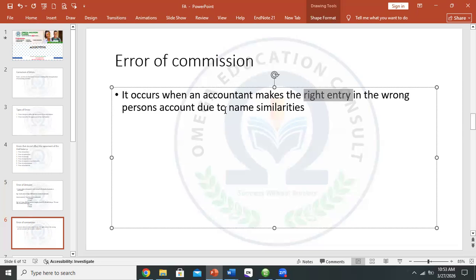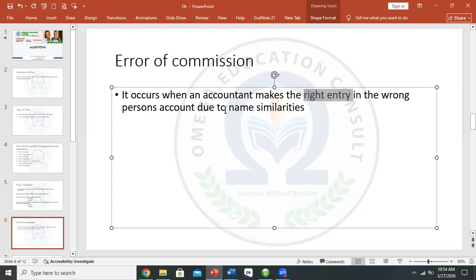So let's say the accountant was supposed to debit Austin Akoli, but he went to debit Augustine Akoli. So the debit was correct, the entry was correct, but in the wrong person's account due to the name similarity.